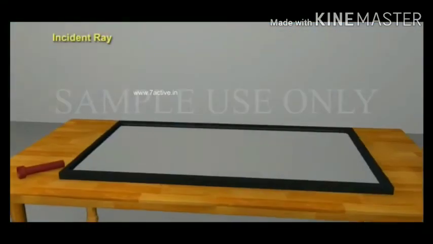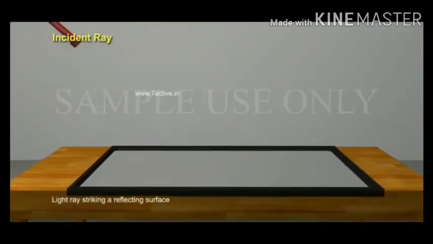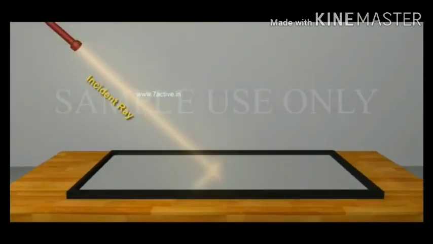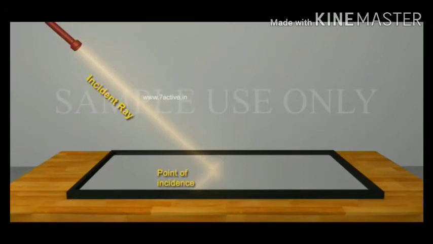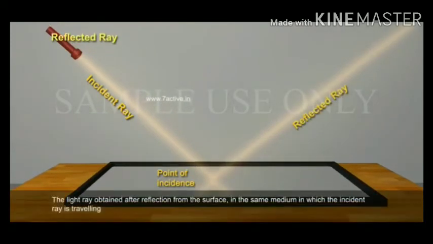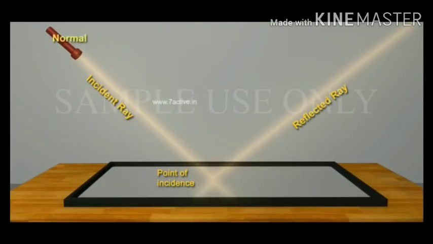Incident ray. Light ray striking a reflecting surface. Point of incidence. The point at which the incident ray strikes the reflecting surface. Reflected ray. The light ray obtained after reflection from the surface in the same medium in which the incident ray is traveling. Normal.